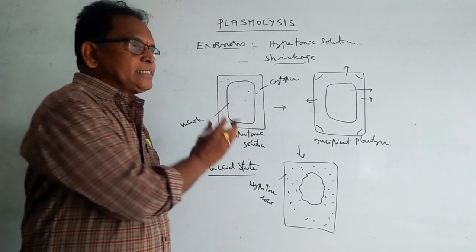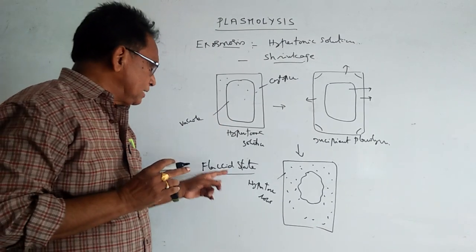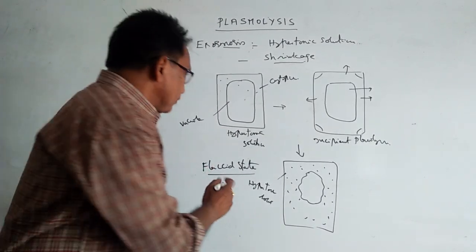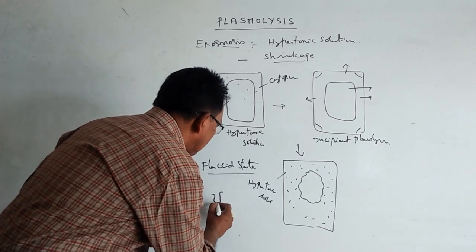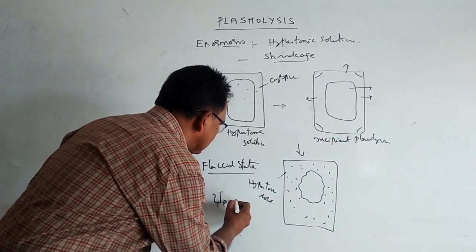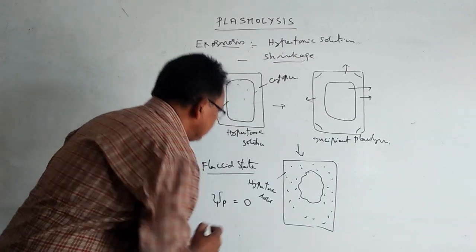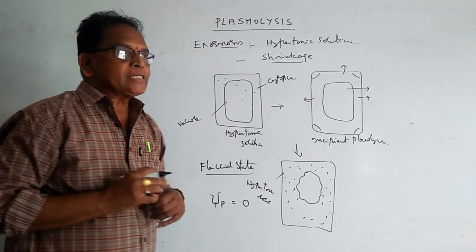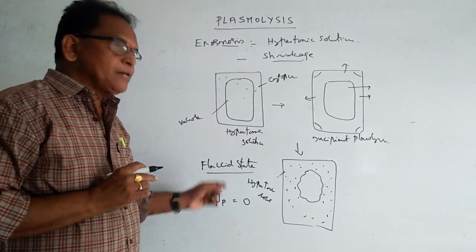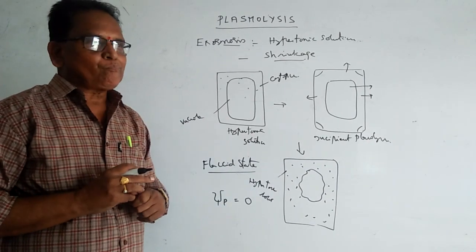In this flaccid state, we have already explained certain symbols in our previous class. The psi P, or the pressure potential of the cell, will become zero at this condition.